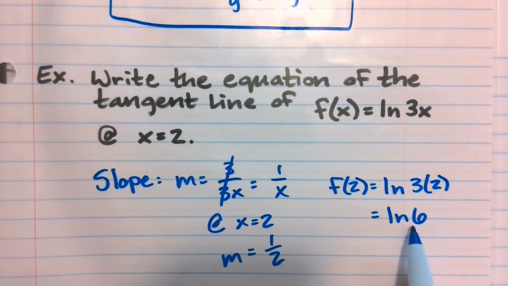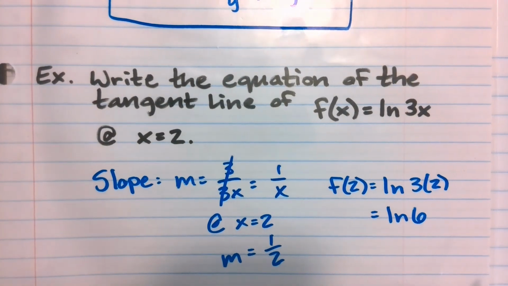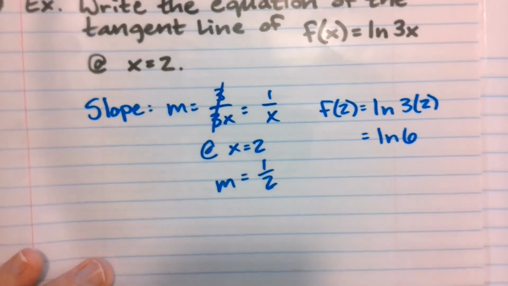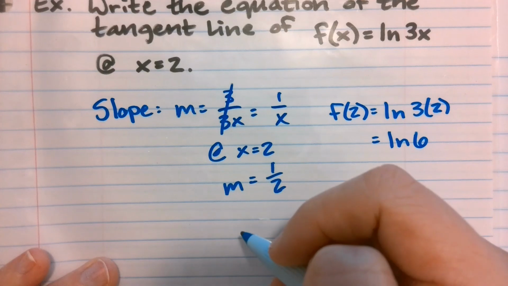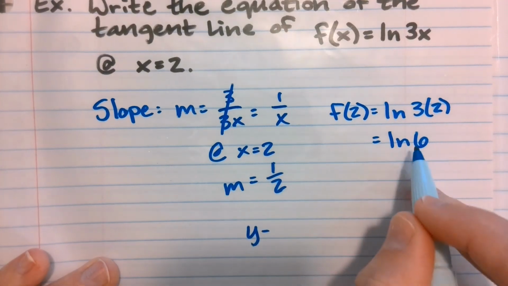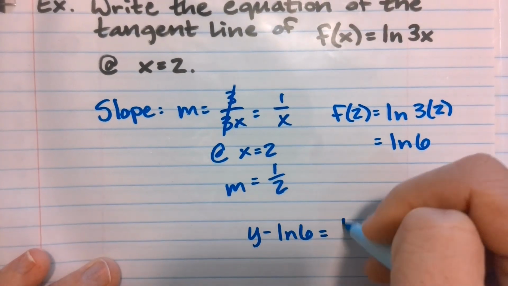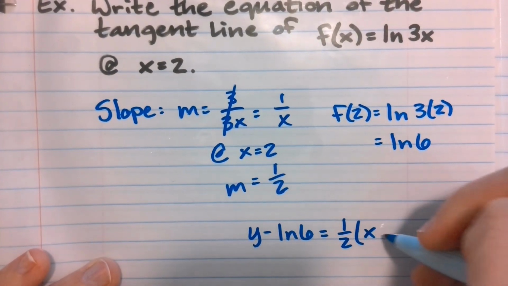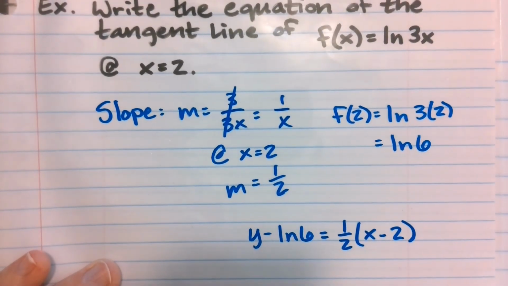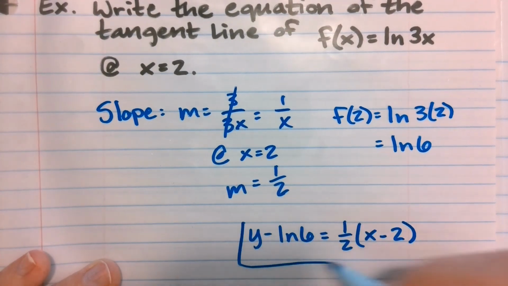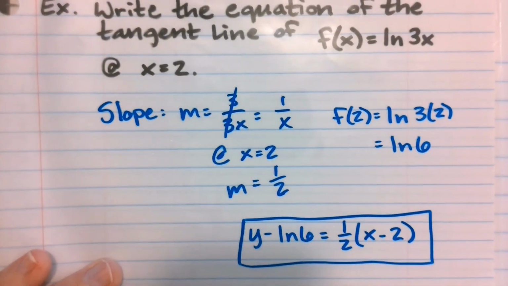But you could go ahead and figure out the decimal, or you can just leave it natural log of 6, and that's fine too. So then we're just putting it into point slope form. Our y minus our y value there, the natural log of 6, equals our slope, x minus our x value of 2. And that is the equation of our tangent line.